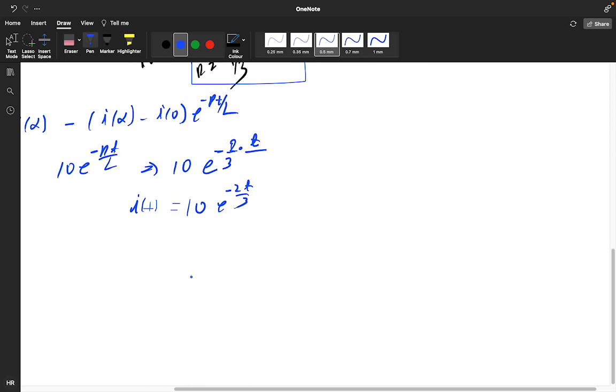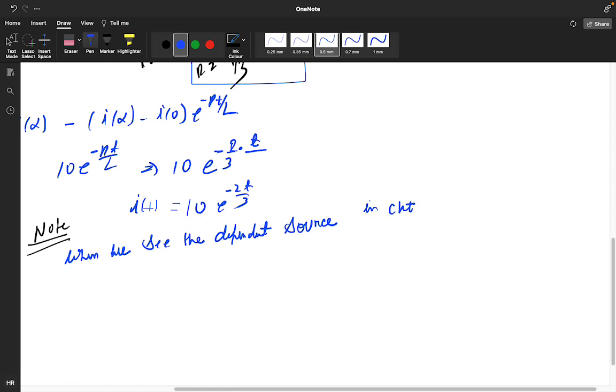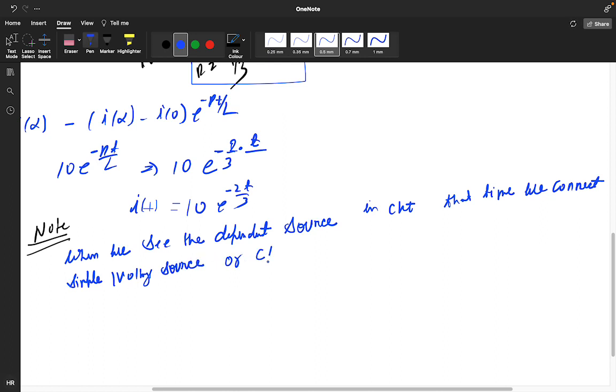So write down a note. When we see a dependent source in a circuit, at that time we connect a simple voltage source, or you can use a current source also.